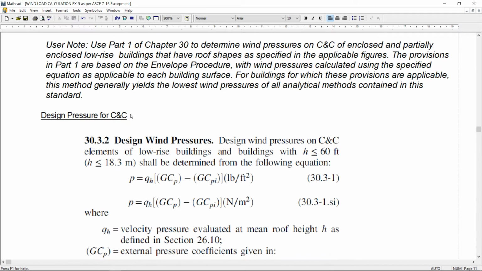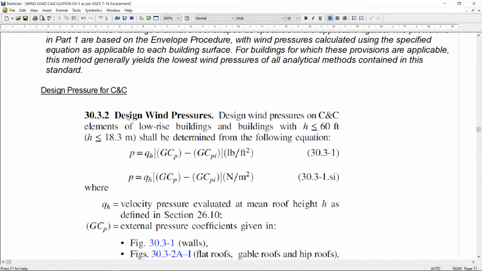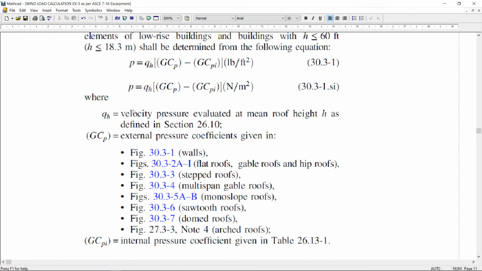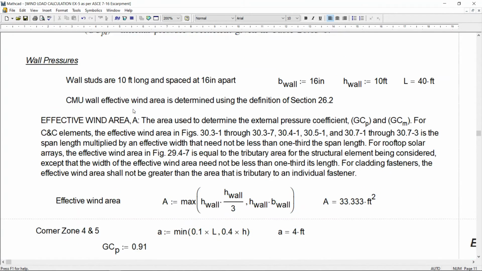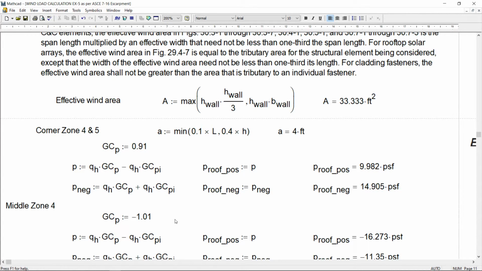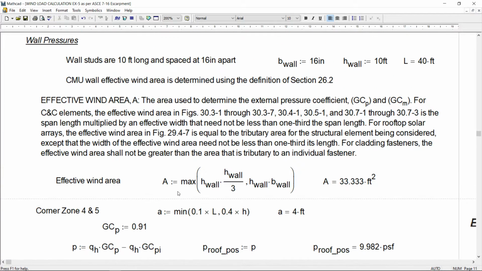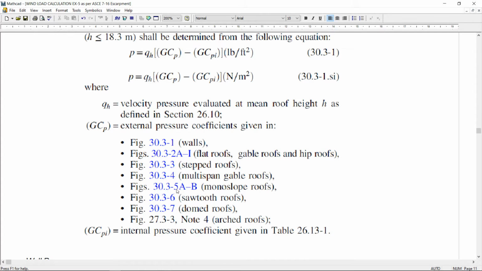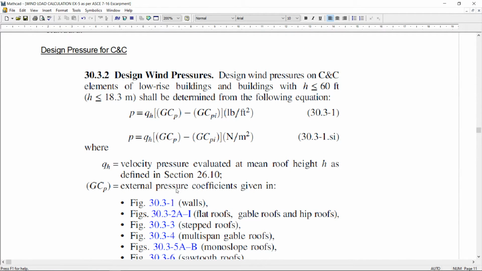In component and cladding, of course, we have to follow chapter 30, which is specifically for component and cladding, and if you remember, the same procedure was used. There were some corner zones, mid zone, etc. So let me go to chapter 30 and let us understand how the wind load for component and cladding is calculated.